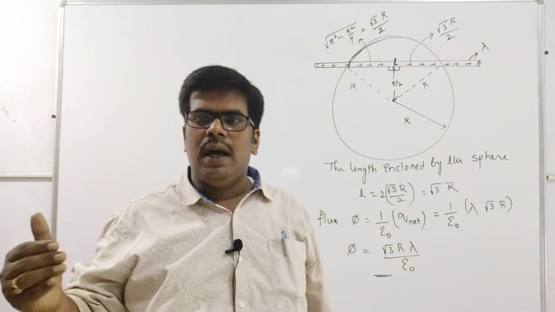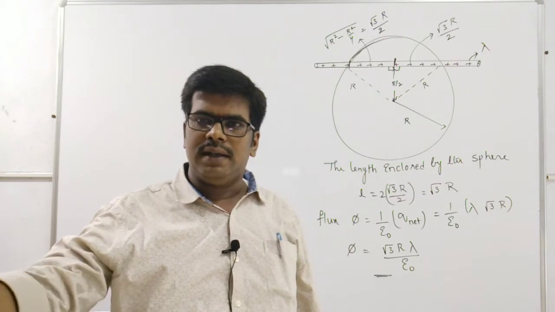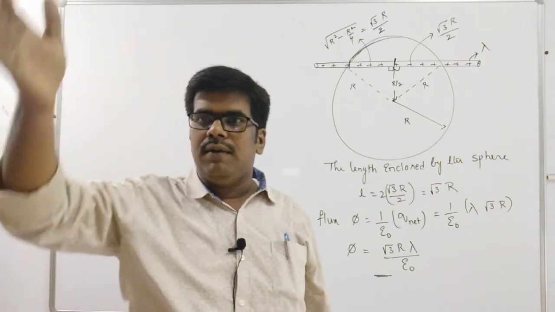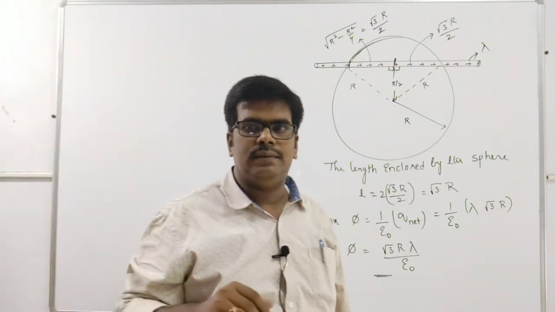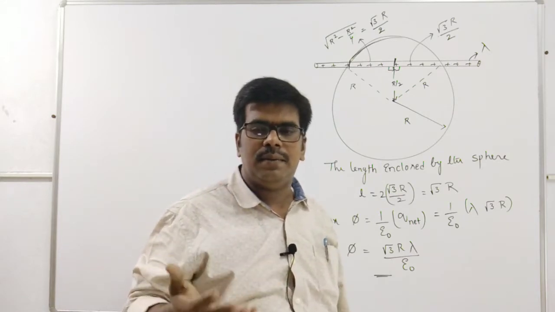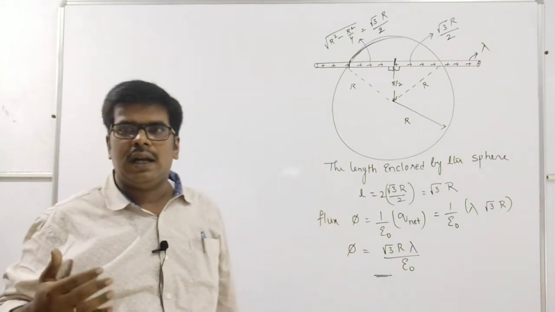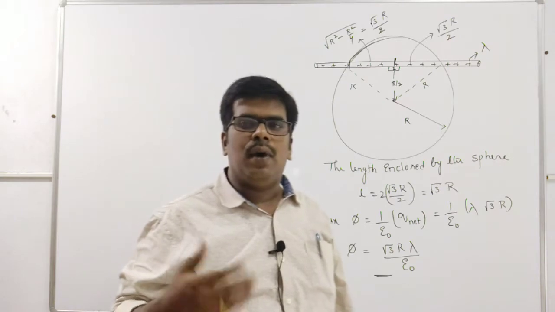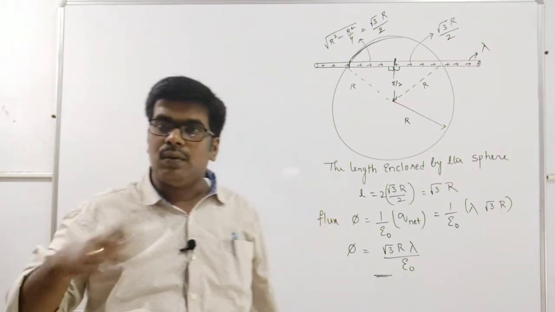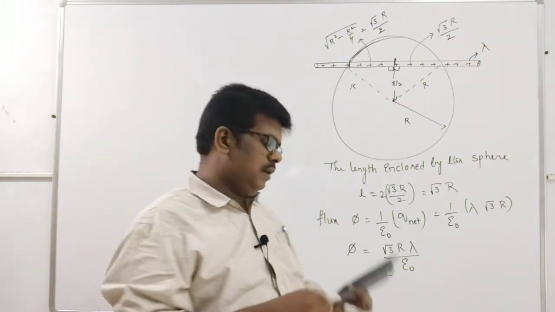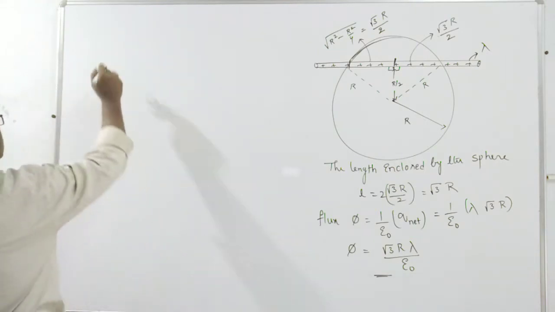If a uniformly charged conducting sheet is placed, what is the flux through that closed sphere? We need to discuss that.